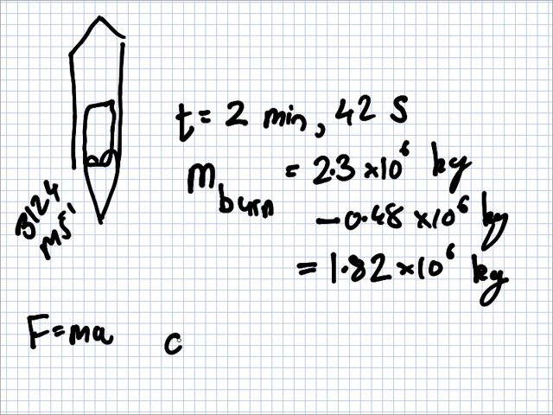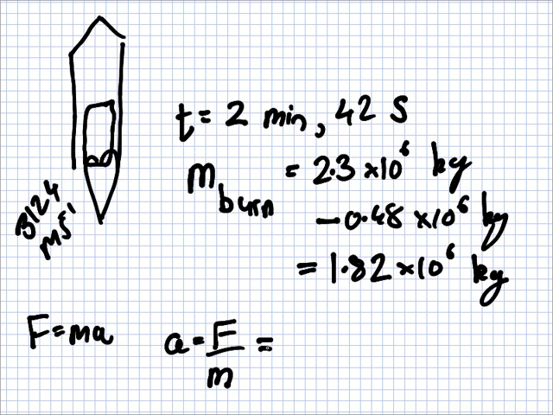So that means a should equal F over m. Now, problem. What is the F? We have a formula for the F for rockets. Does anyone remember the formula for the force of the rocket?